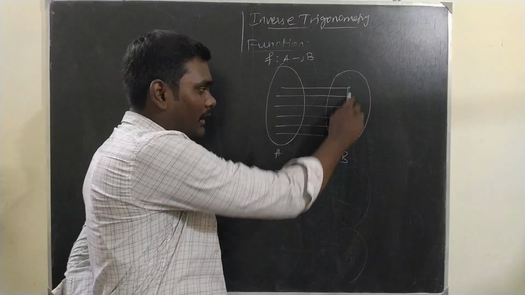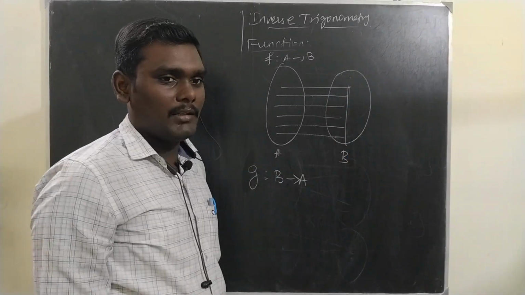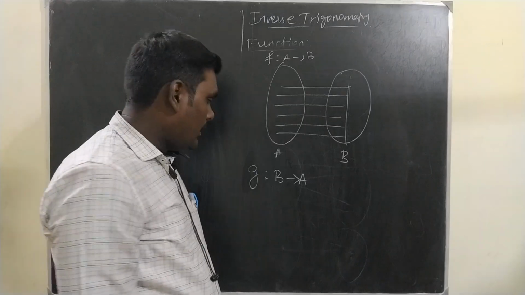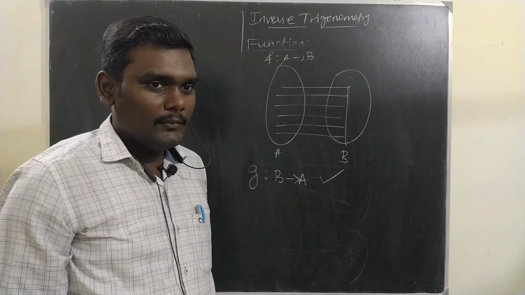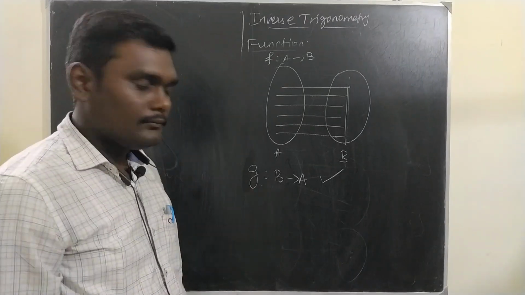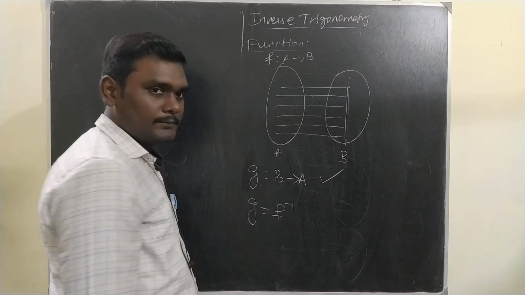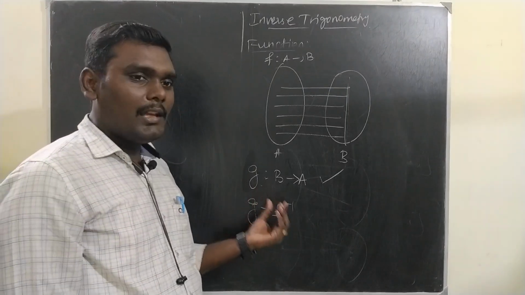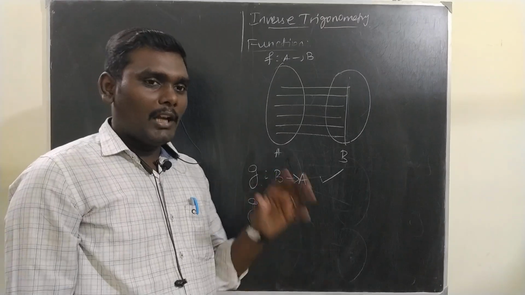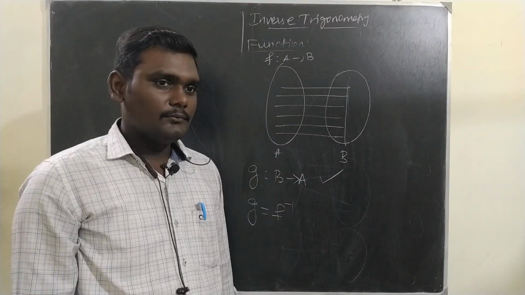Since all the elements here are mapped, everything is an image of a pre-image, then this function does exist. This can be a function. Then how do we call it? This g is the inverse of f, f inverse of x. That is how we call the inverse function. So to have an inverse, a function should be bijective.